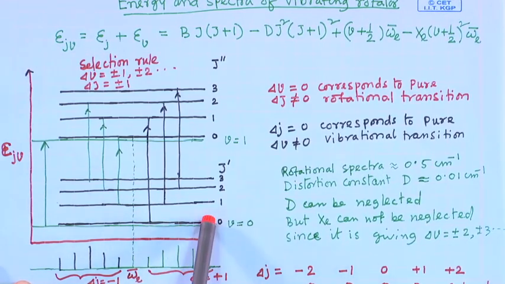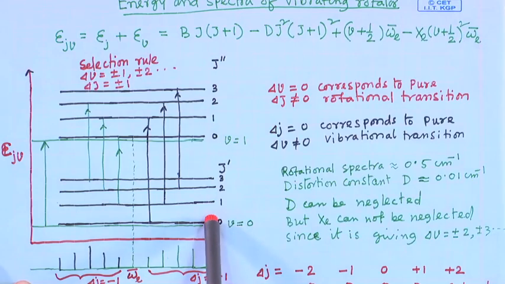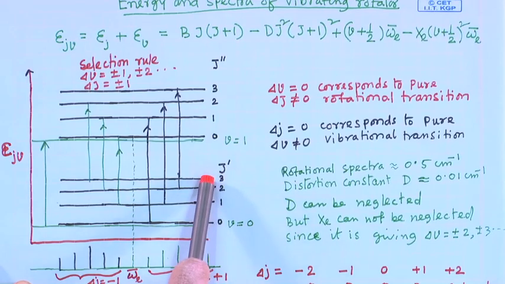Okay. So, that is for j equal to 0. Already v equal to 0 I have put here. Now, j equal to 0, j equal to 1, j equal to 2, j equal to 3, right.